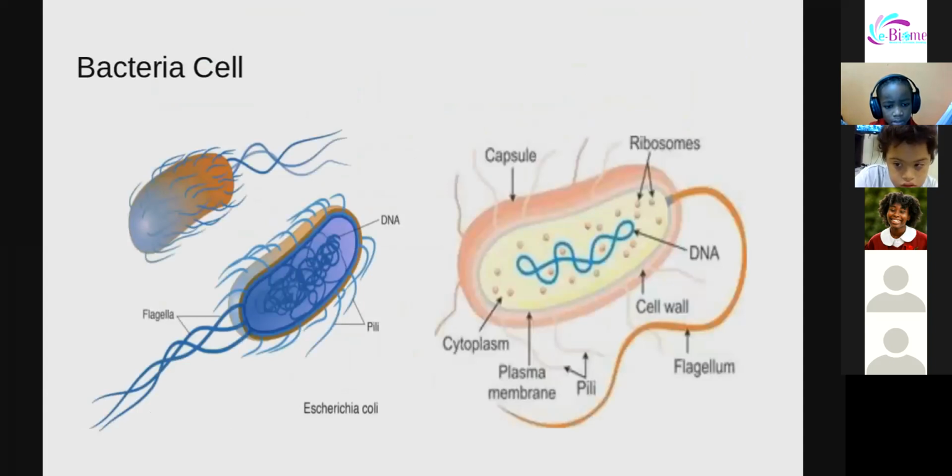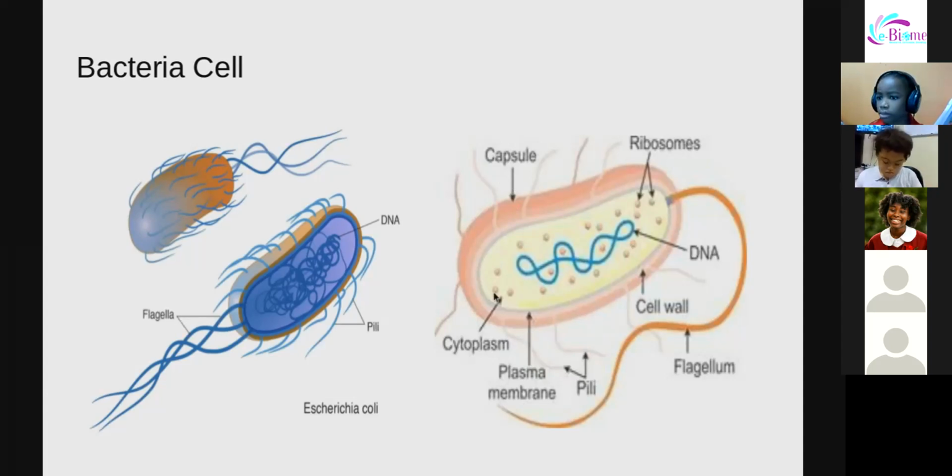So let's look at the bacteria cell. The first part of a bacteria cell is the capsule. Everyone following? You see this capsule? Yes, sir. We have the plasma membrane. We can also call the plasma membrane the cell membrane.